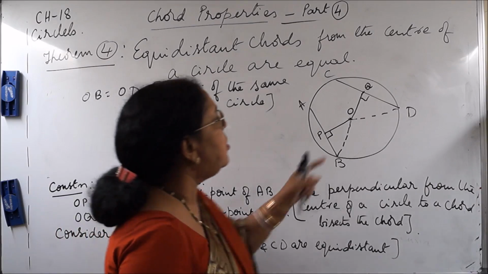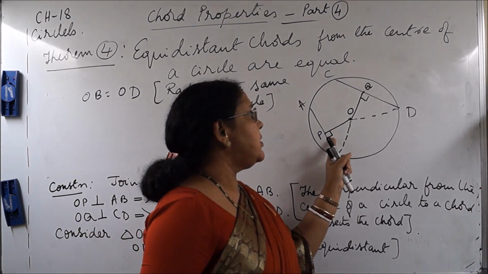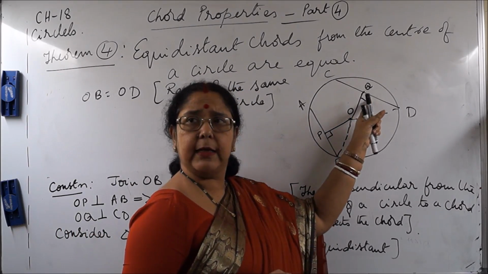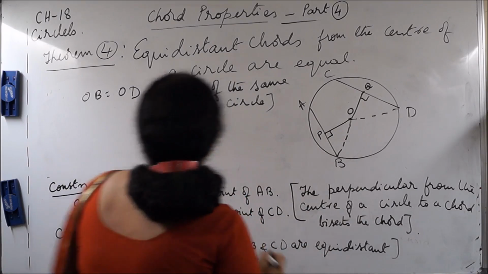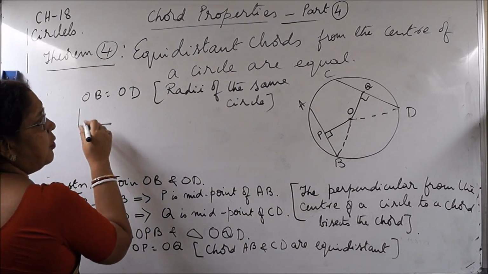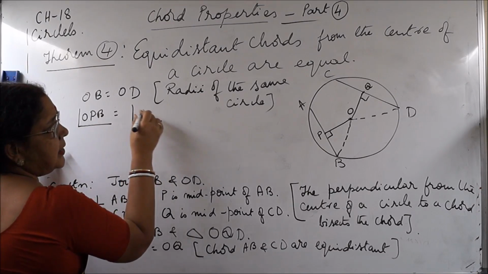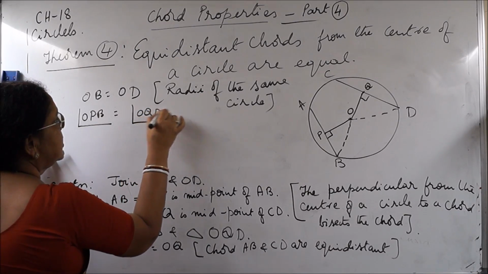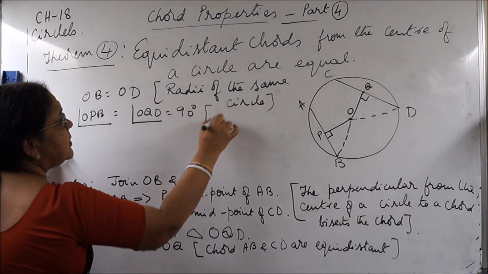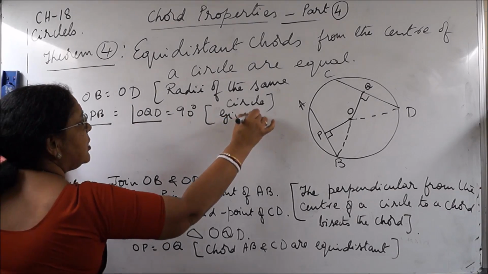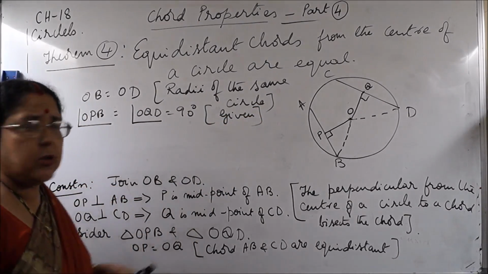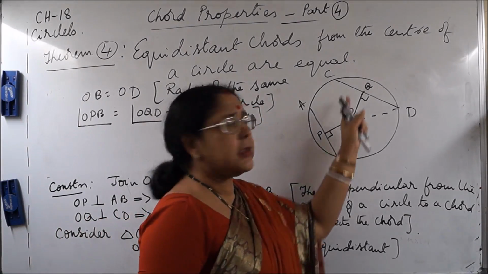And we also know OP is perpendicular to AB, so this angle is 90 degrees, and this angle is also 90 degrees. That is, angle OPB is equal to angle OQD is equal to 90 degrees, because we are already told equidistant chords, and equidistant means perpendicular distances.